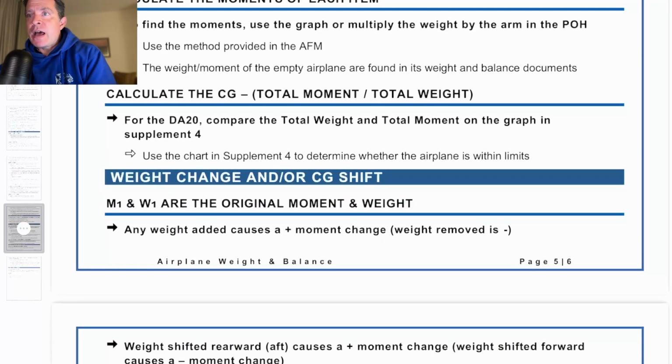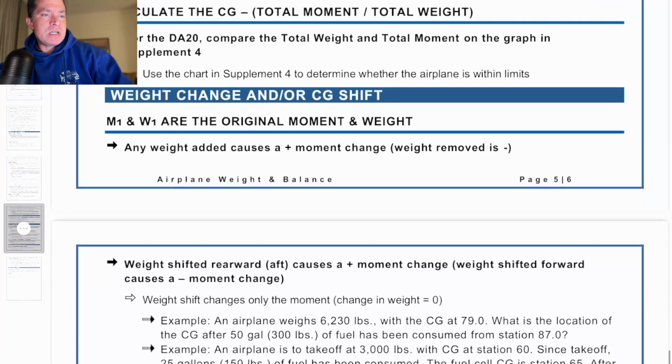Calculate the center of gravity: total moment divided by total weight. For example, for the Diamond 20, compare the total weight and total moment on the graph in Supplement 4. Use the chart in Supplement 4 to determine, okay, we're not going to do that. I have some examples in the other lesson plans. All right, so just do that. Keep it simple.